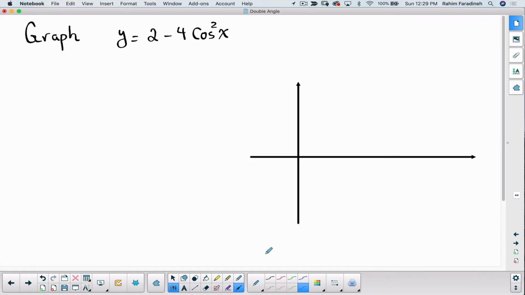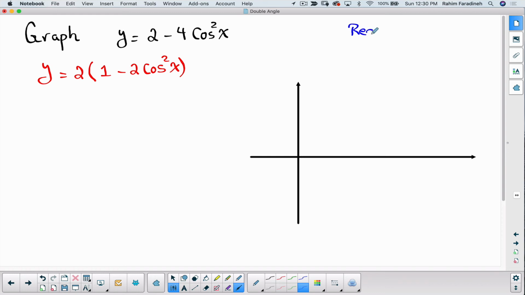Now let's take a look at a graphing problem. Suppose we're given y equal to 2 minus 4 cosine square x, and we want to graph one period of it. Well, the first thing I'm going to do, I'm going to factor a 2, and that gives me 1 minus 2 cosine square x, which is very familiar to us.